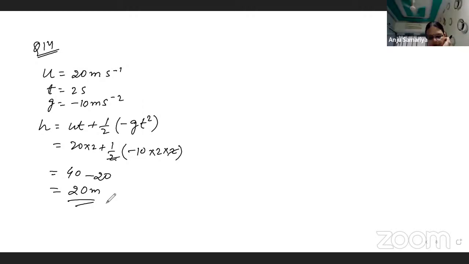Why is it half into 10 into 4? Which formula did you use? When the ball is thrown up, U is 20. Check it on the board. Janvi, please also post how you have done it.